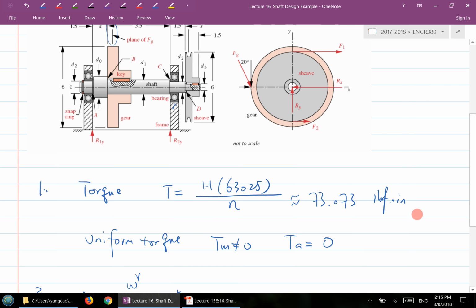And at the sheave location, which is the output location, you have two forces acting on the belt, which ultimately will be acting on the shaft, right? Apparently there's no vertical, the two forces always point in one direction.